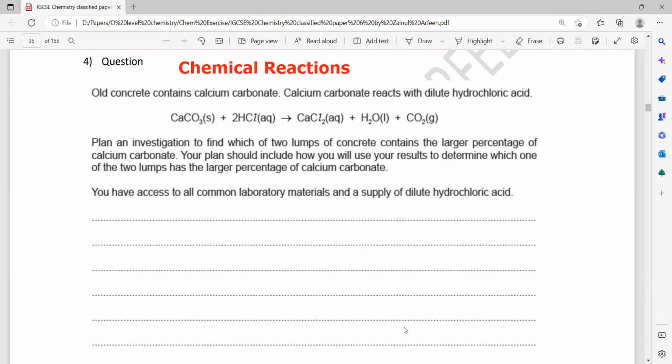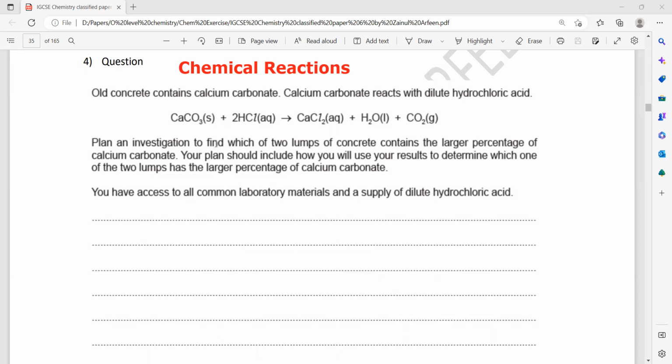Whenever such a question is there, you have to write the formula as well, like how it can be done. The formula should be there. So first we have to carry out a reaction, and then the formula, how the percentage can be calculated, that we will do.